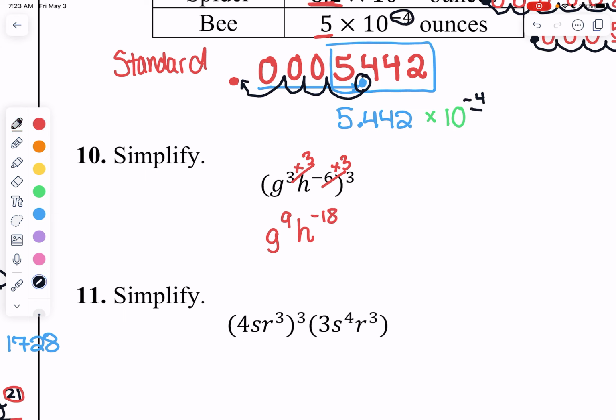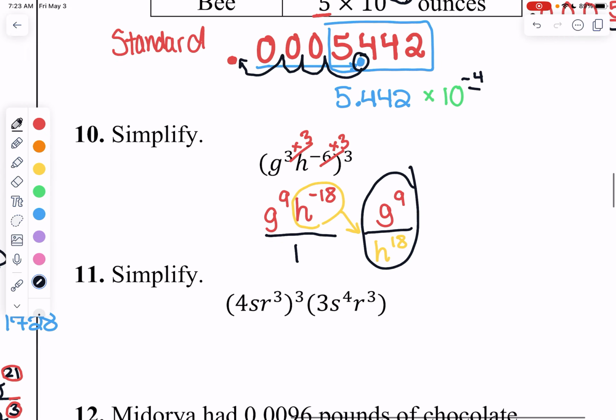Because we need a fraction to flip, if we create a fraction, we are going to put a 1 underneath. And then our h, we say, what the flip? It flips to the bottom and becomes a positive exponent, okay? My g will stay on top, g to the power of 9. And that 1 would stay on the bottom, but we do not need that coefficient of 1, okay? So g to the power of 9, h to the power of 18, that is sufficient.